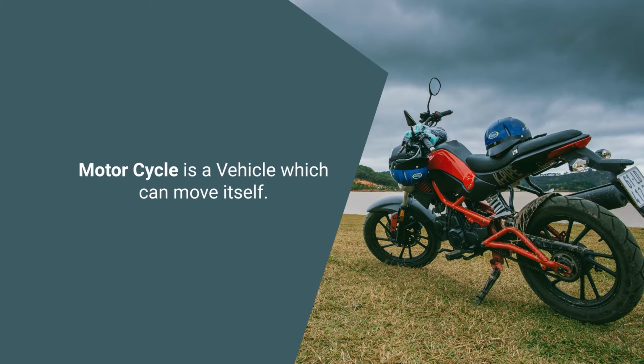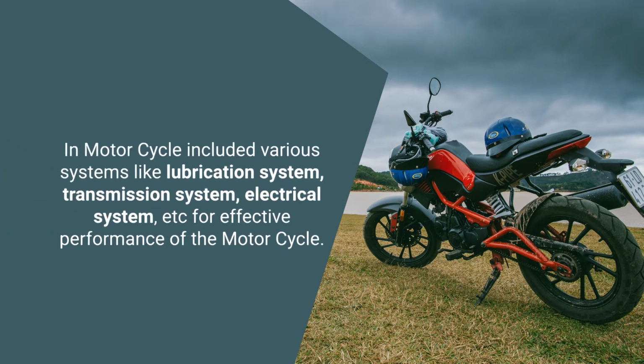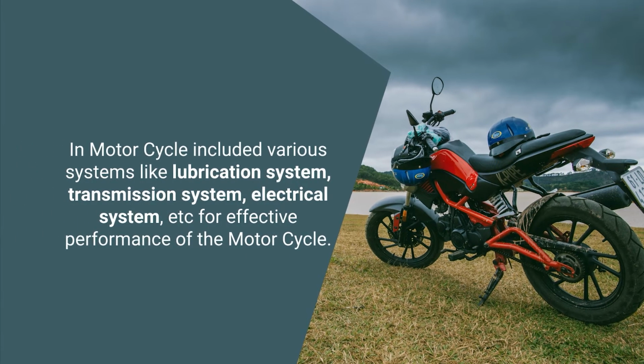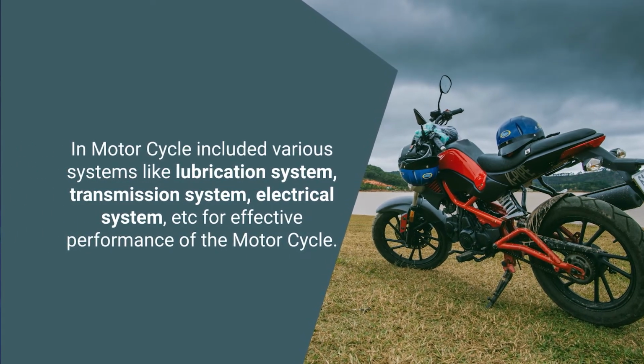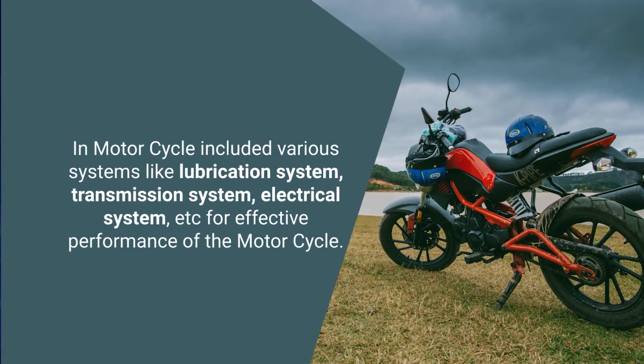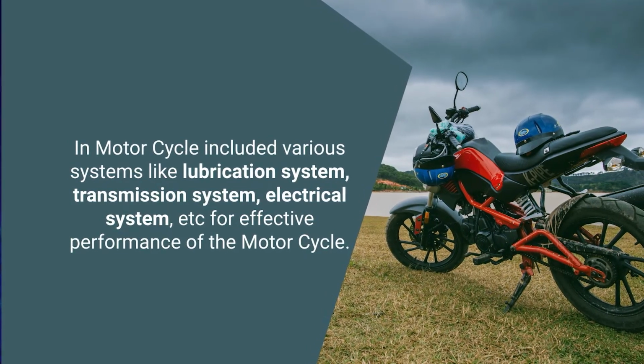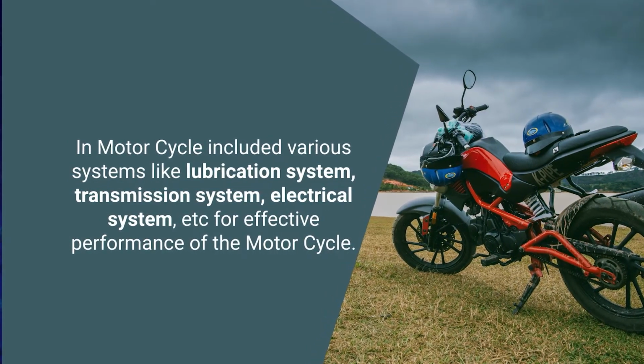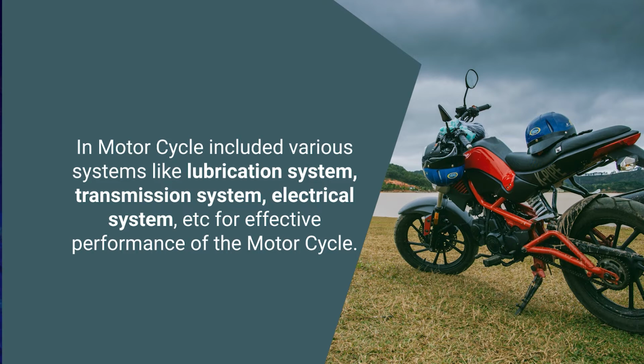Motorcycle is a vehicle which is driven by power and it can move itself. In motorcycle, there are various systems, just like lubrication system, transmission system, electrical system, so that motorcycle can perform effectively.